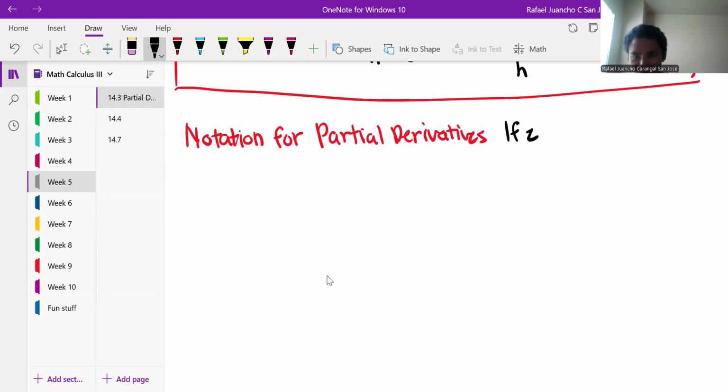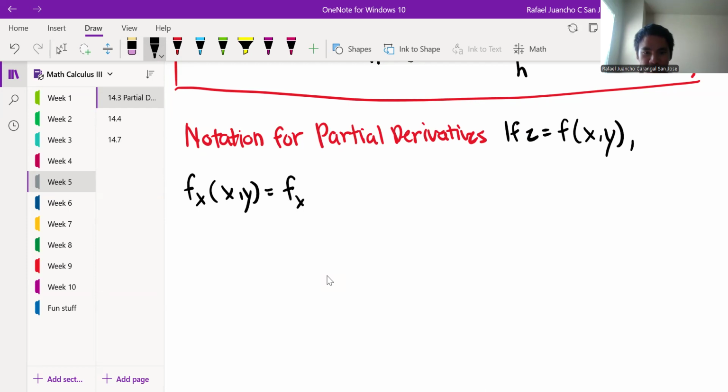Okay, let me just write them down. Here we do a statement. If z is the output of a function of two variables x, y, then we basically have these. So we can either write them as f sub x. So that's the notation we know. We could write it as f sub x without the x, y. We could write it as this cursive d.